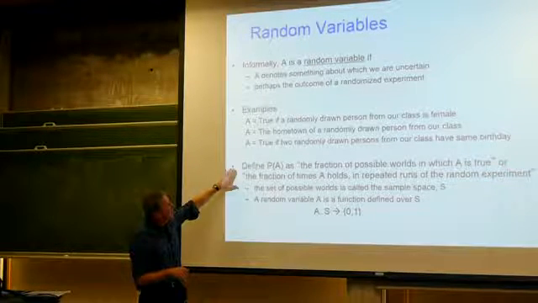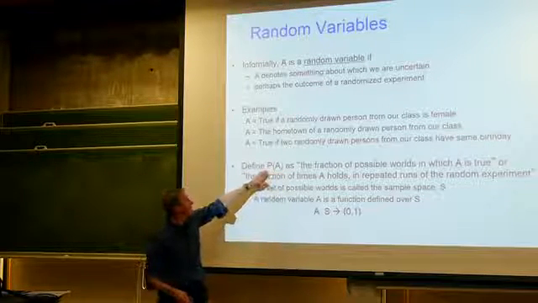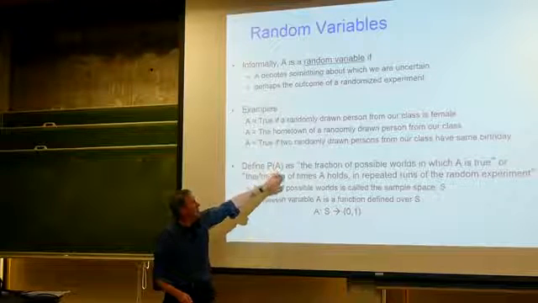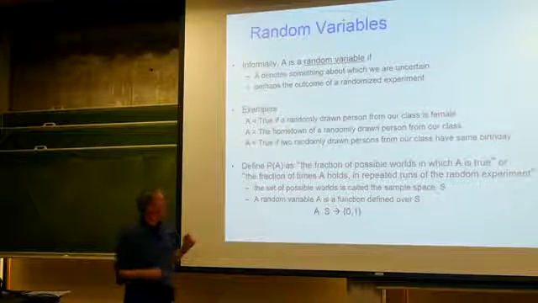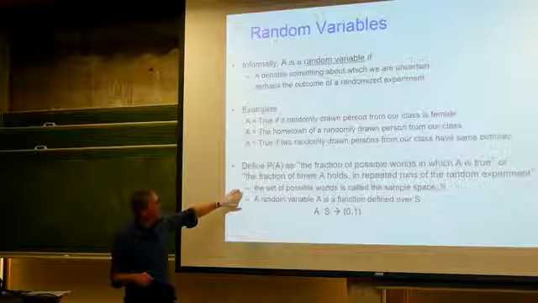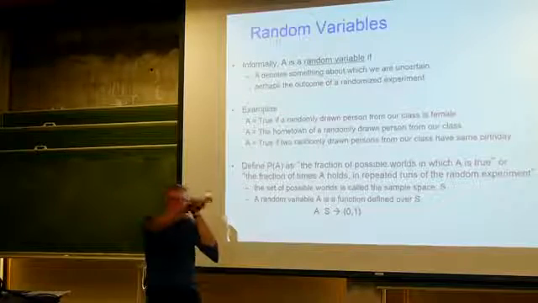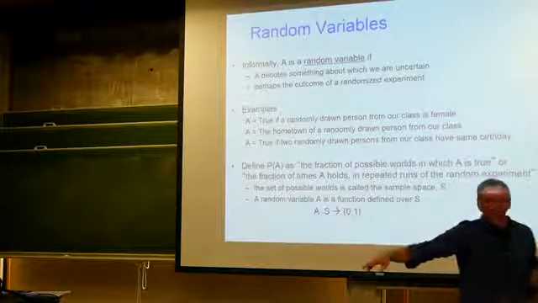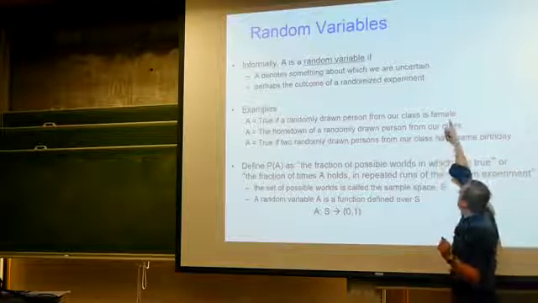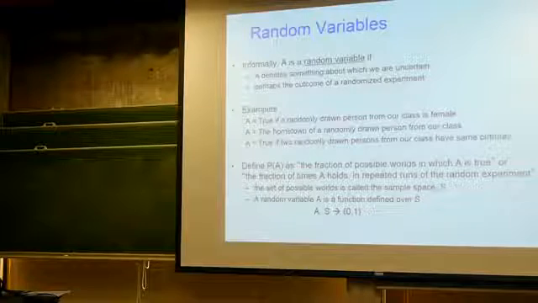We define the probability, if it's a random variable with just true and false, then we'll define the probability that A is true is just the fraction of possible worlds in which it's true. More precisely, there's a sample space, for example, the set of all the students in the class.